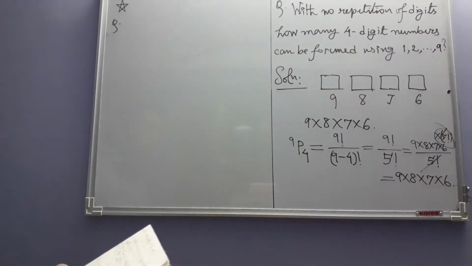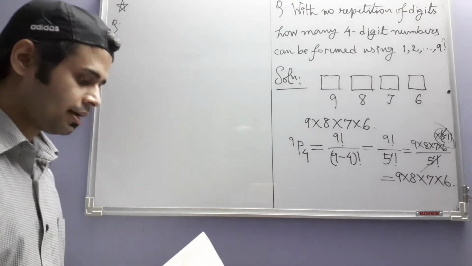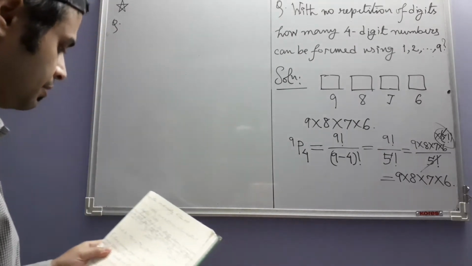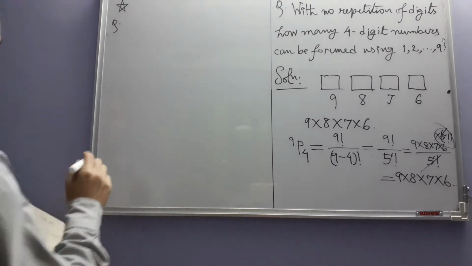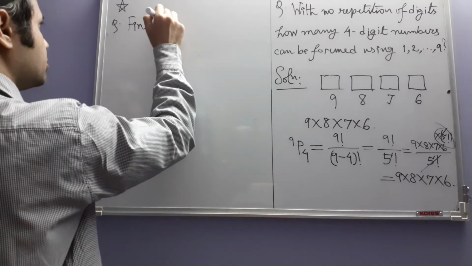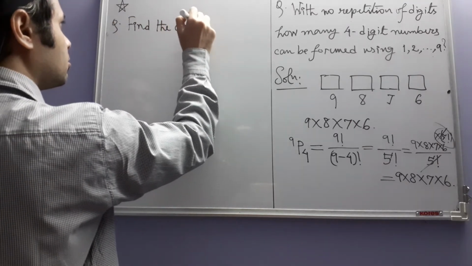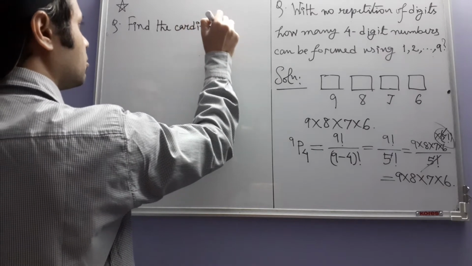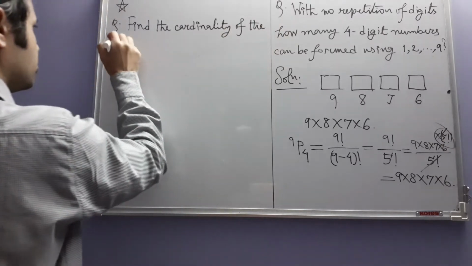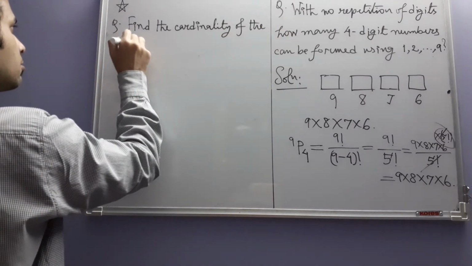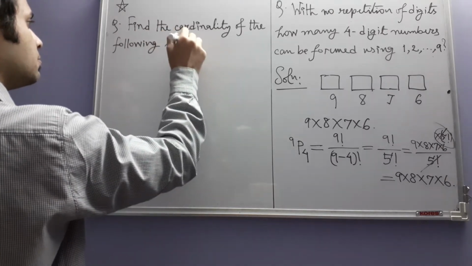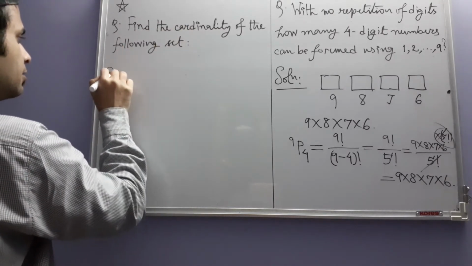Now the next problem also uses permutations, but I have decided to phrase it somewhat differently. We'll see why. Find the cardinality of the following set. There is a set.